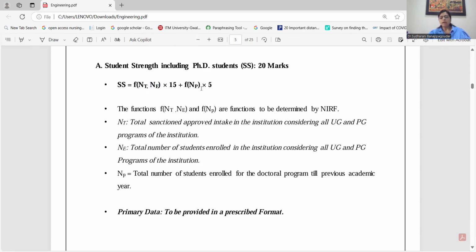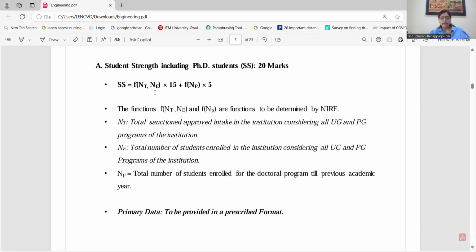And NP would be 50. Now again substitute the same: NT upon NE, that is 200 upon 250, equals 0.8. Then NP, that is 50 upon 250, would be 0.2. As it is capped at 0.2, if it is exceeding, it would again be capped at 0.2 as discussed earlier.